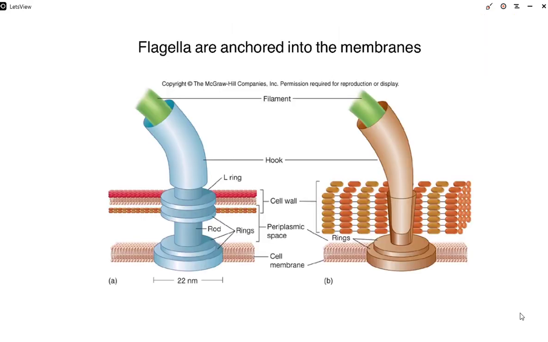So this image shows how flagella are anchored into the plasma membrane and the cell wall. So you can see that at least one part is anchored into the cell membrane or the plasma membrane, and then the flagella sticks outside of the cell. Now, when we think of flagella, most of us think of sperm, which has a single flagellum, but that's not always the way that bacteria do it.